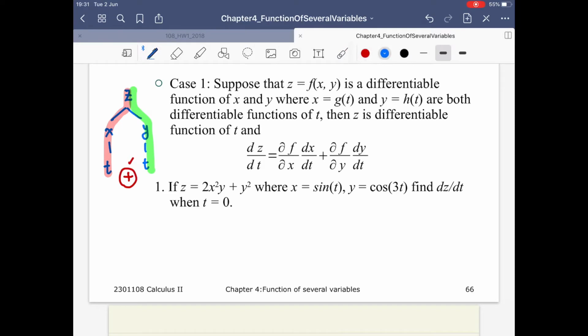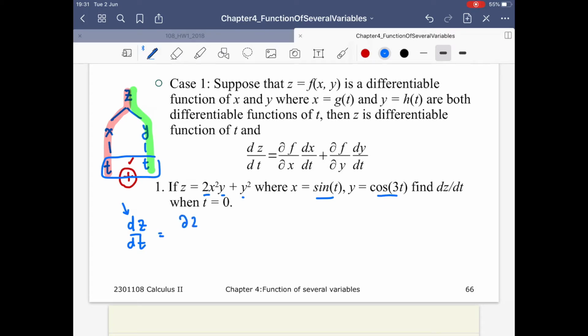For example, if z is 2x squared y plus y squared, and x is sine t, and y is cosine of 5t, you want to find dz/dt. Notice that because t is the final variable, which is only one variable, we use a straight d instead of a curved one.